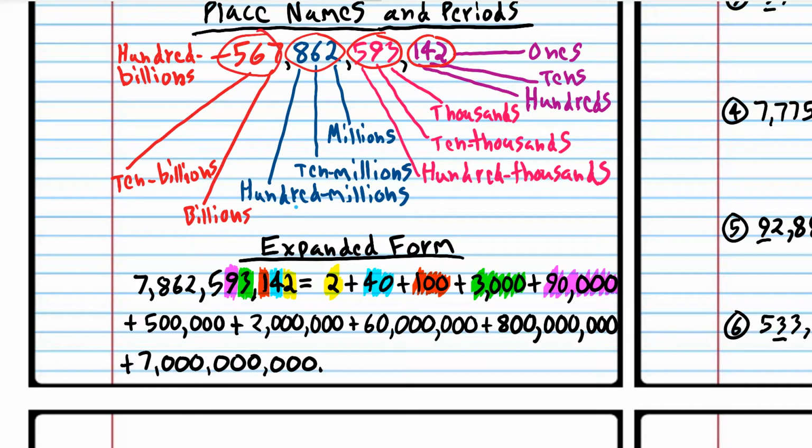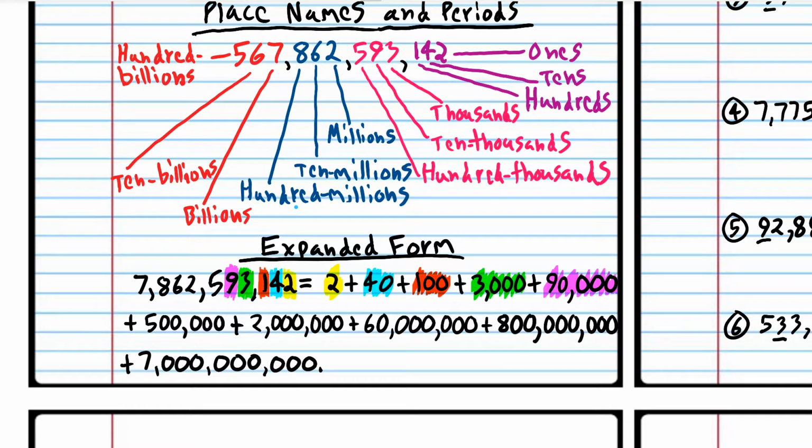There are 3 number groupings. Each one of those groupings is called a period. Now why is it called a period? I don't know. It just is. And you separate the periods with commas. So whenever you write a really, really big number, you always count 3 places over and put a comma, and then 3 places over and put a comma, and so on and so forth.